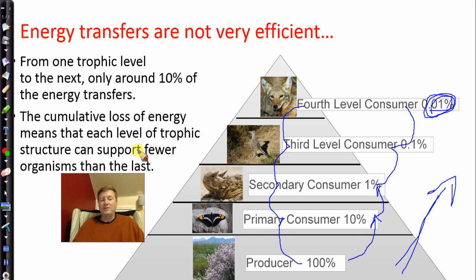That's really important because it means that you can't have lots of fourth level consumers, because there's not a lot of energy that reaches them. Every time we have a transfer, we're losing some energy as heat. So there's just not very much energy left by the time we get to this top level.